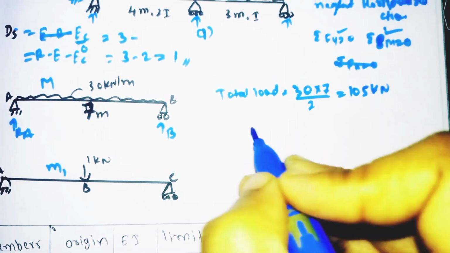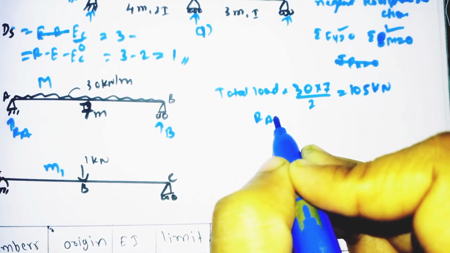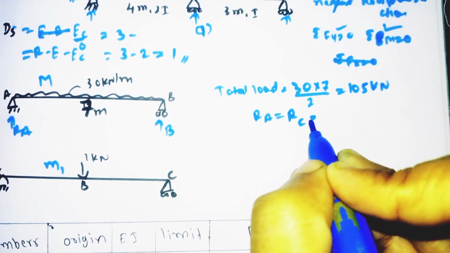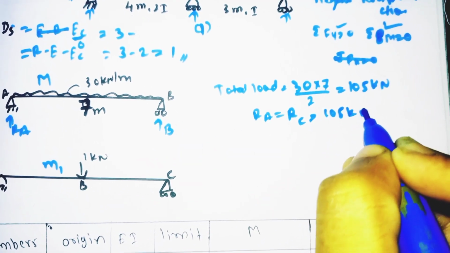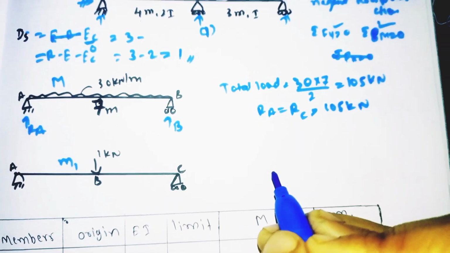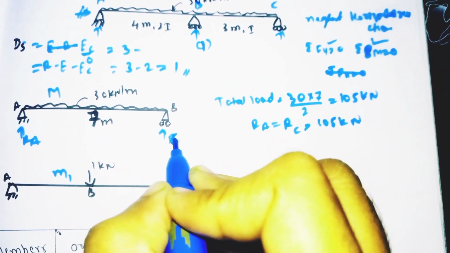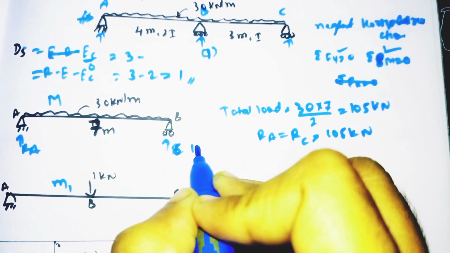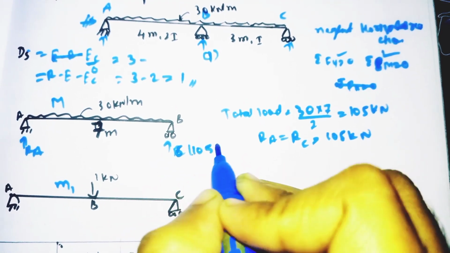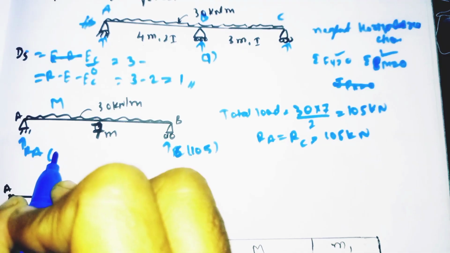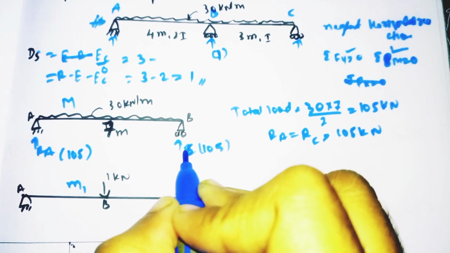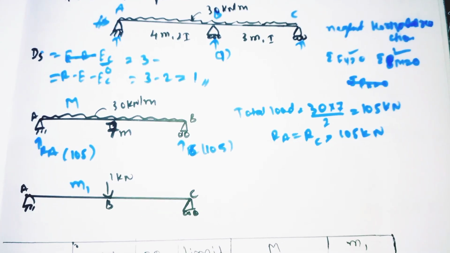So it is nothing but our RA is equal to, this is RC, equal to 105 kilonewton. Both are going upward, so it means the direction we assumed was right. This is also 105. So this is the RC and RA.